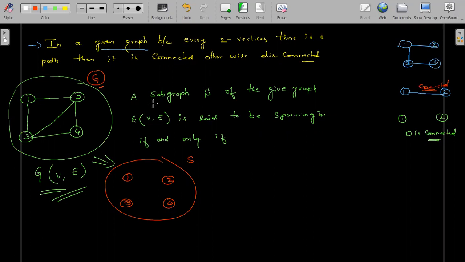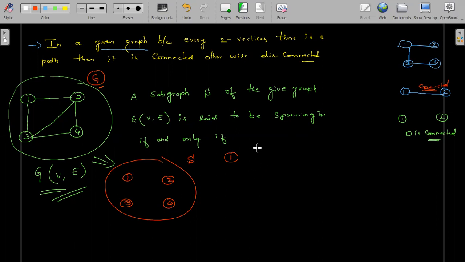So that's why, a subgraph of a given graph, nothing but I have to generate a subgraph. This is the subgraph I am generating here. Given graph G is equal to G of (V, E), in this I extracted one subgraph, which is said to be a spanning tree. How? When? We have to say this. First one, all the vertices must be there in the subgraph.